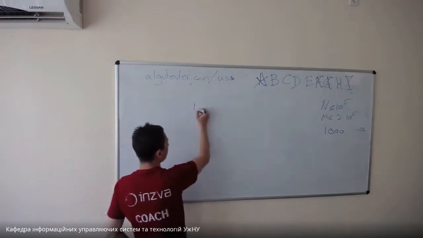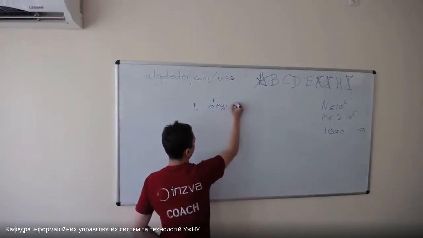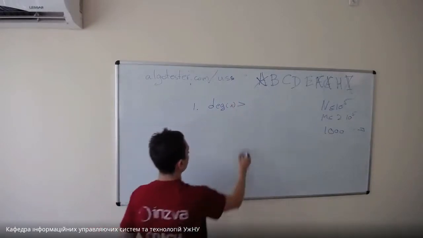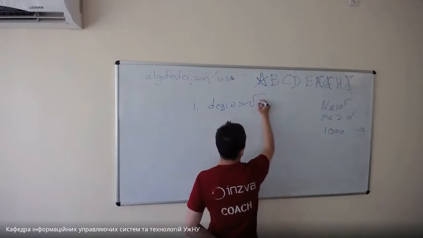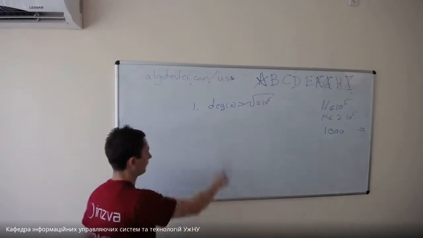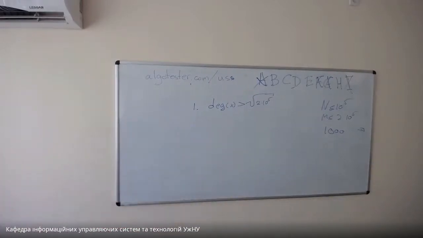The first one are the vertices such that the degree of the vertex is larger than square root of 2 times 10 to the 5th. The degree of a vertex is the number of edges connected to this vertex.